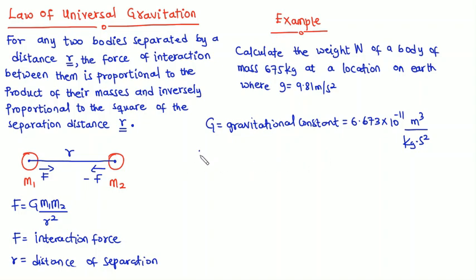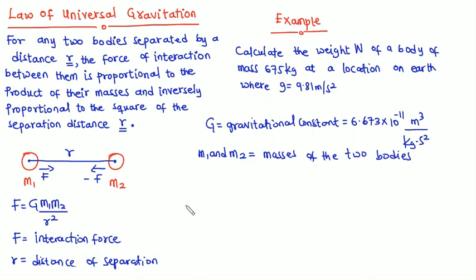And then m1 and m2 represent the masses of the two bodies. So this is what Newton's law of universal gravitation is about.